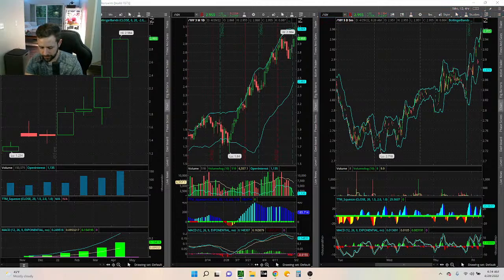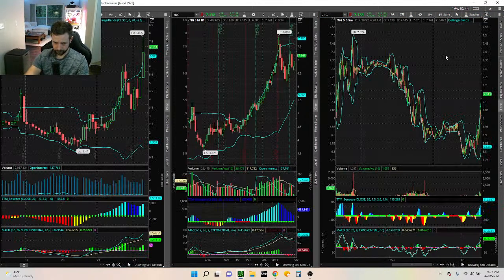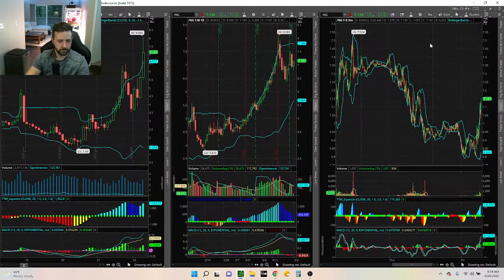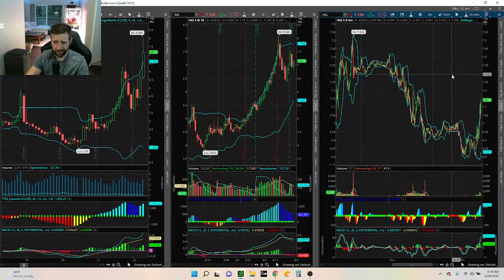And then natural gas. So you're not looking at a great risk reward here on the daily chart because the momentum is so overbought, but it does look like it is going to ramp up and go higher.